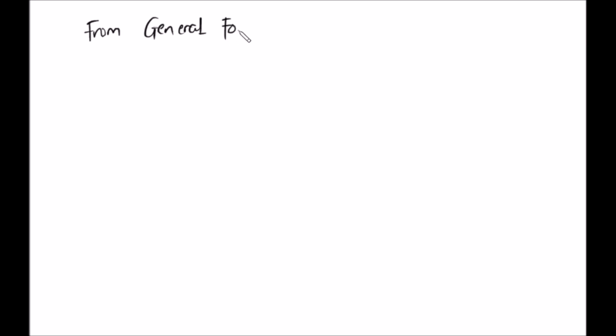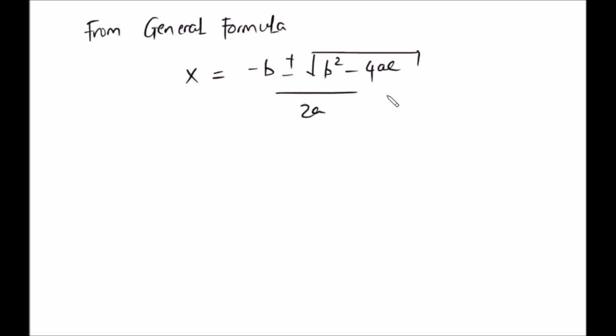Tunatumia the general formula. So anasema x sana ni negative b plus or minus square root of b squared minus 4ac over 2a. Sasa kwenye hii general formula unaona kuna nini hapa? Kuna square root hii. Consider hiyo square root ya b squared minus 4ac.